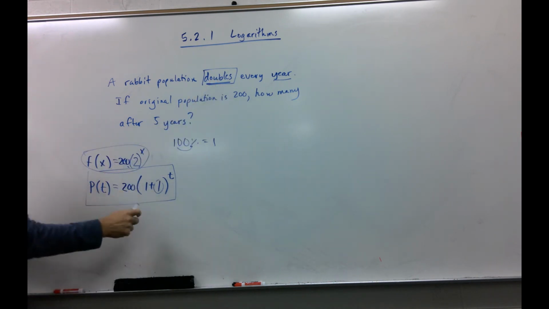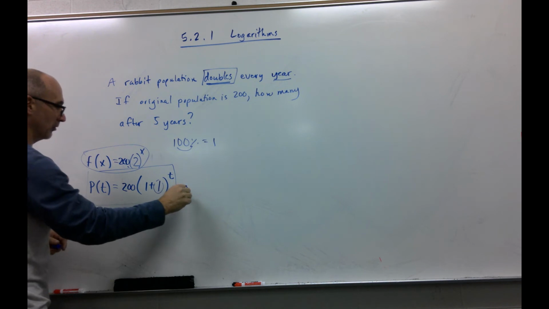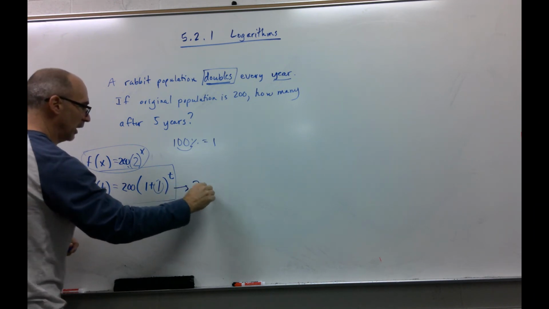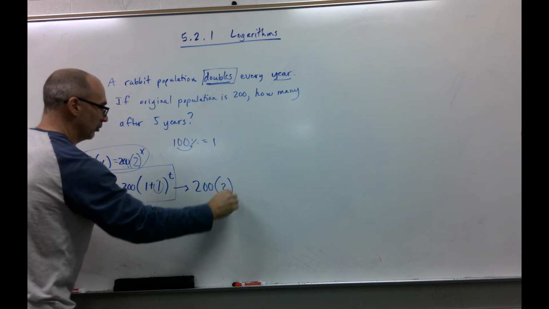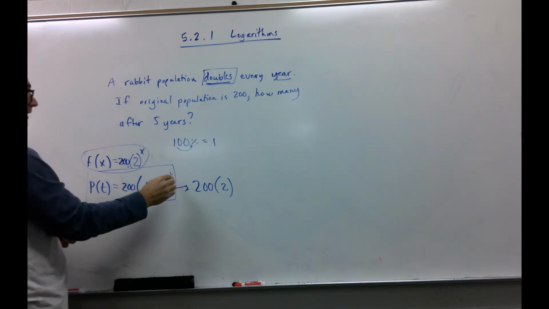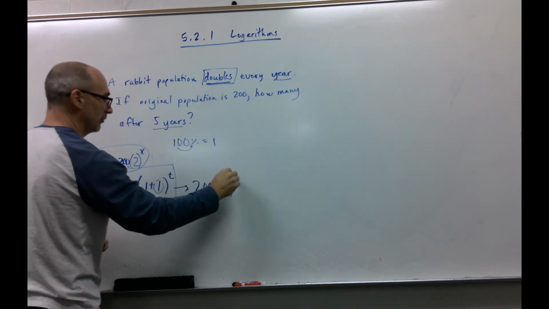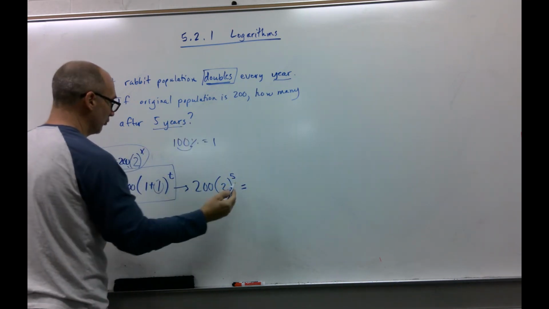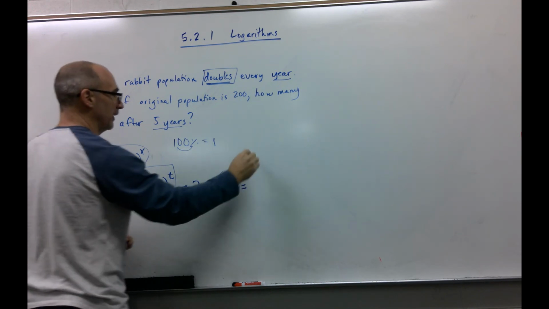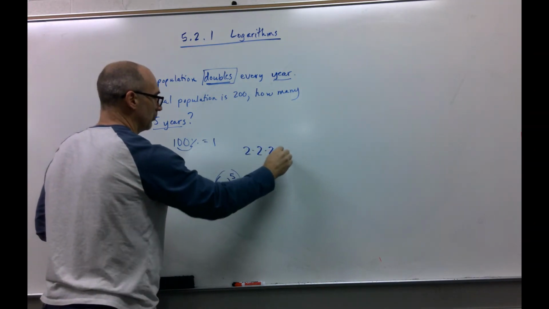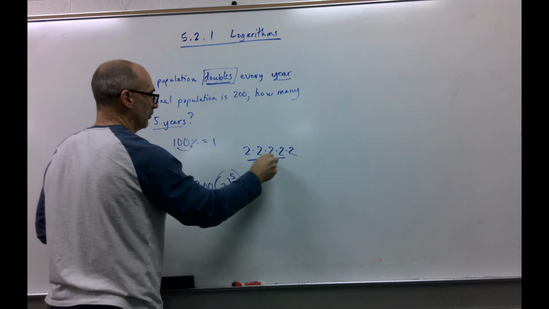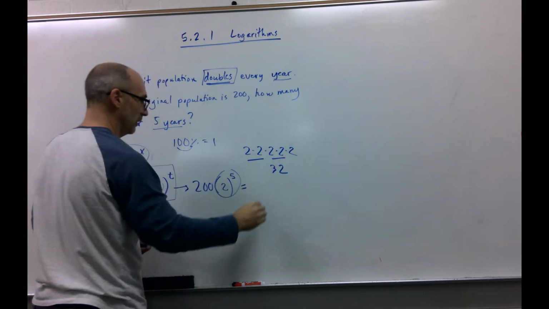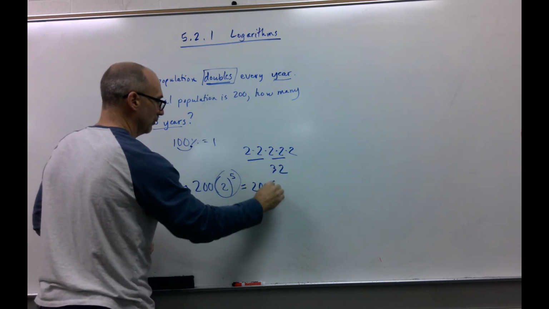So, with that being said, I'm going to use this one. It's 200 times 2 to the t, and it says after 5 years. So I've got to just crunch the numbers out. 2 to the 5th, 2 times 2 times 2 times 2 times 2, 4, 8, 16, 32. So I get 200 times 32.